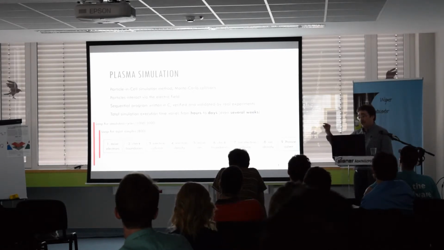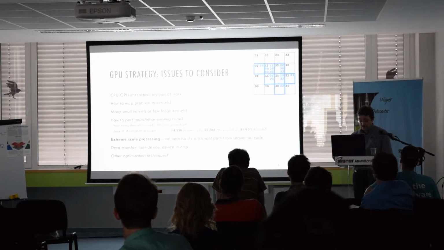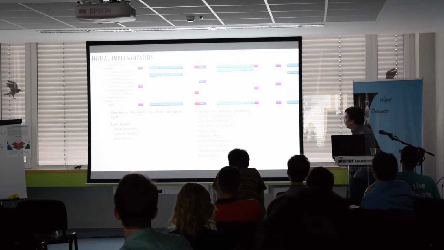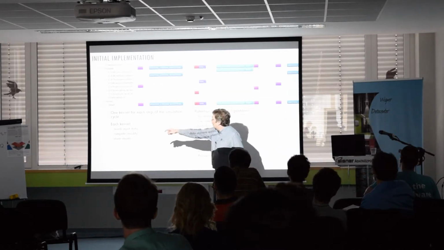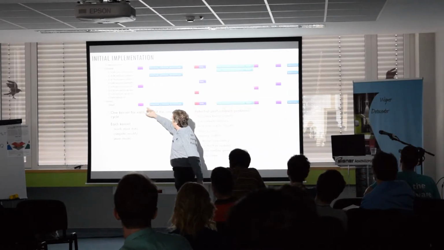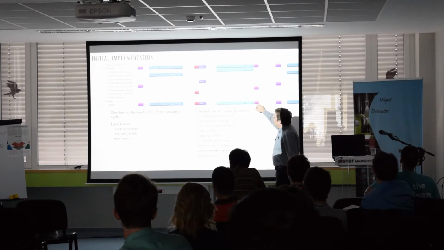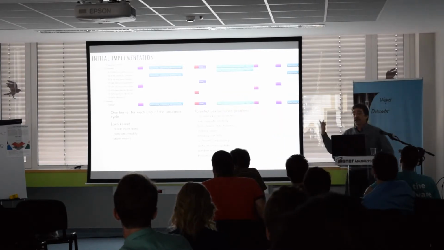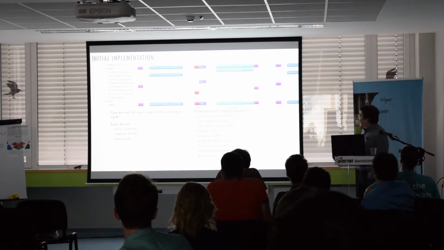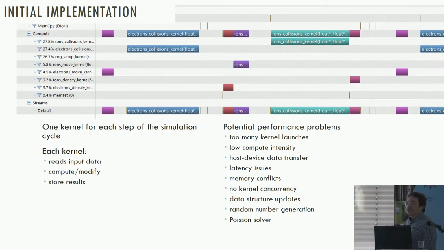We mapped each box into a CUDA kernel, and you can see here the execution. That's the electron move, this is collision, density calculation, ions, ion collision, again ion density, and then solving the Poisson equation and starting again and again. And it works good, fine, but not very fast.